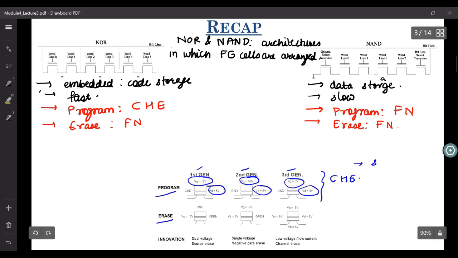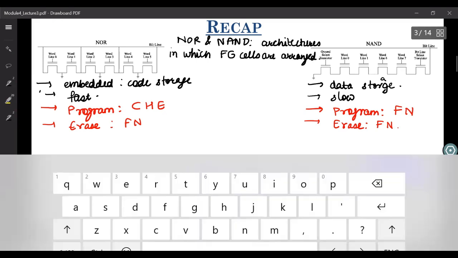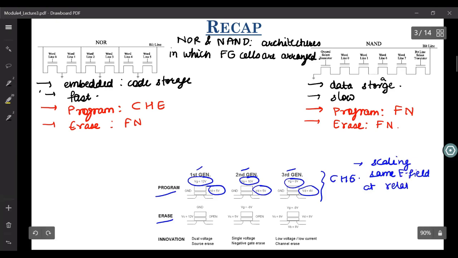Because if you scale your gate length, your channel length, even your oxide thickness, with scaling you can achieve the same level of electric fields at a relatively low voltage, right? So there is not much innovation in the program process.